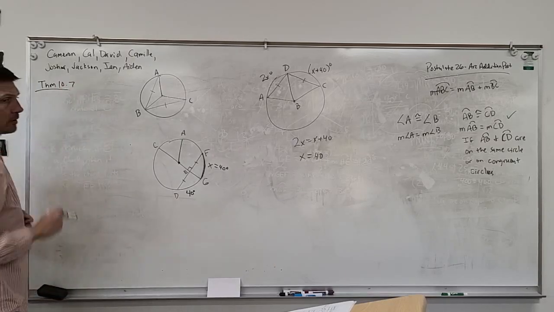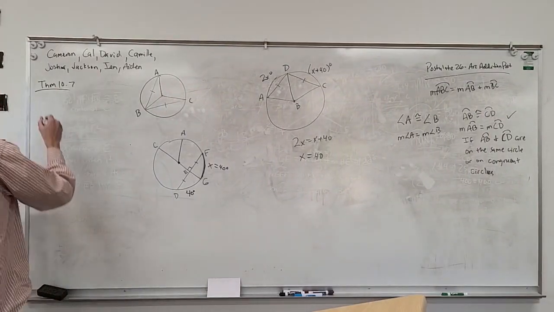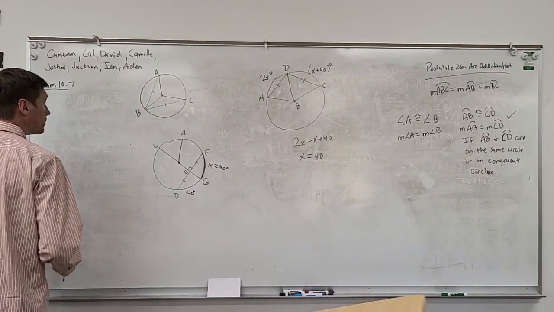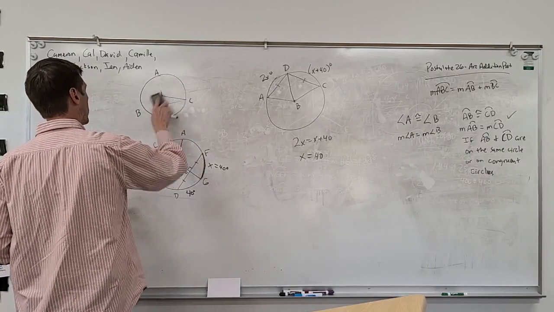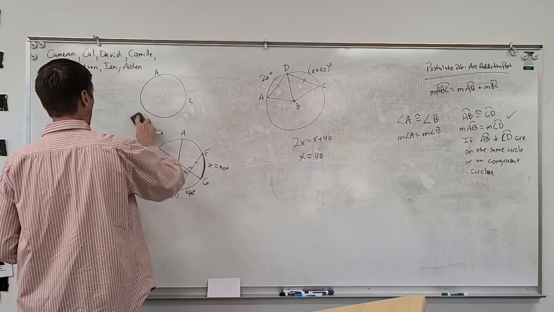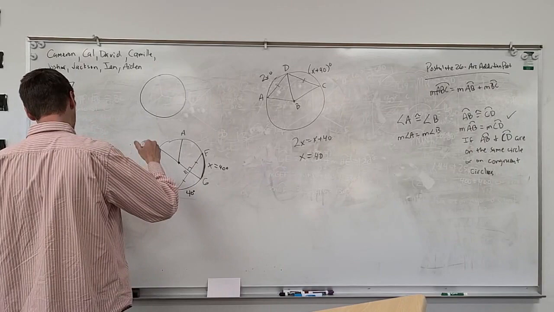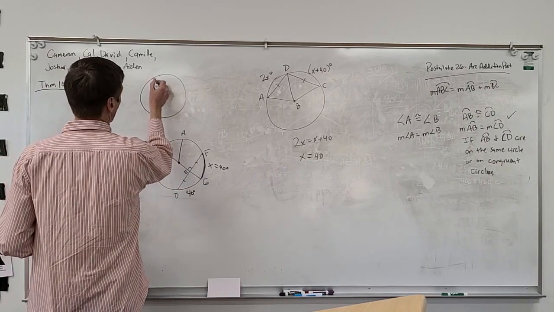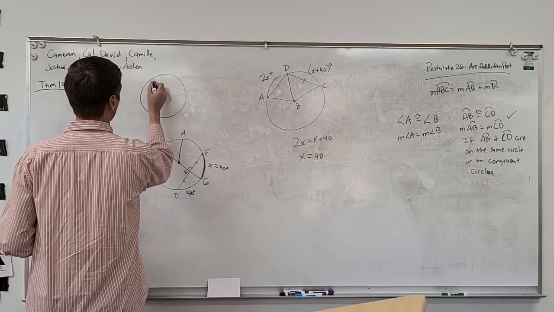Theorem 10.7 is another one that just kind of tells you something. I can reuse this triangle maybe. So if we have a triangle that looks like this. Let me try drawing that again.